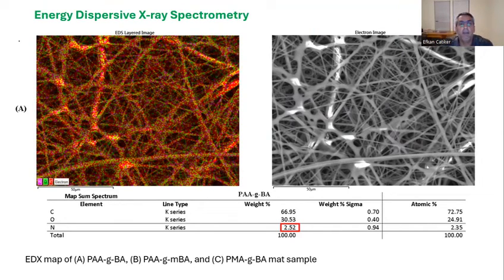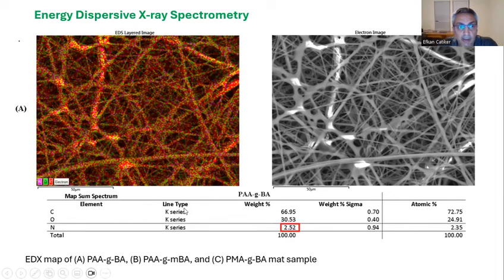We performed energy dispersive X-ray spectrometry analysis in conjunction with the SEM analysis to observe the elemental distribution on the surface of the mats. As shown, the nitrogen atom, an indication of the grafting, is very well, homogeneously distributed on the surface of the nanofiber mat.